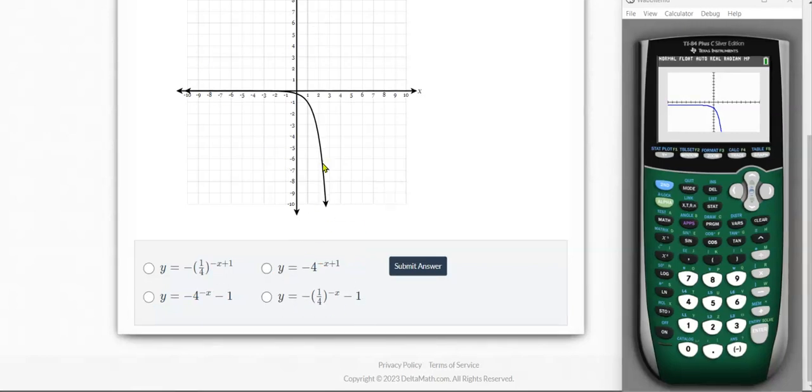So let's take a look here. I see that it hasn't shifted from the origin, so I'm going to try this one here. Let's take a look. Whoops. I'm going to put a parentheses here, on my negative x. I'm going to put my plus 1 on the top.